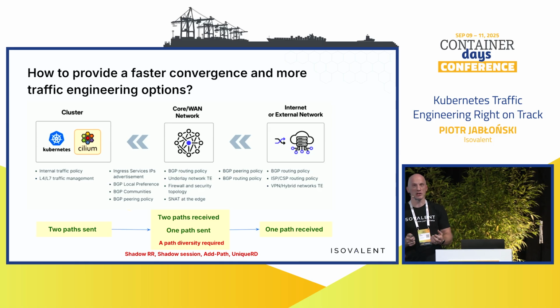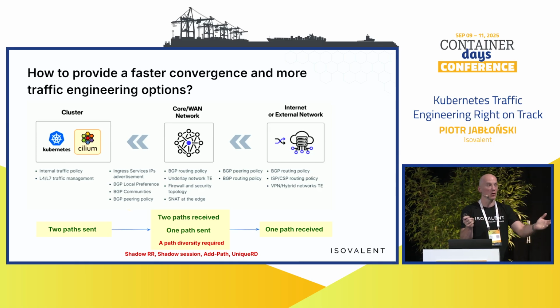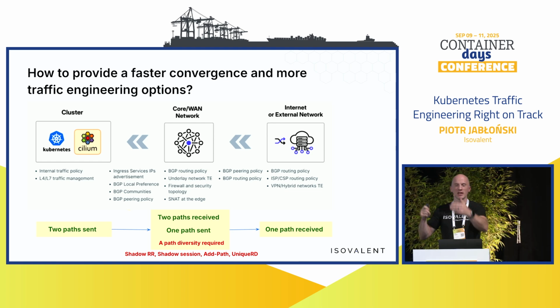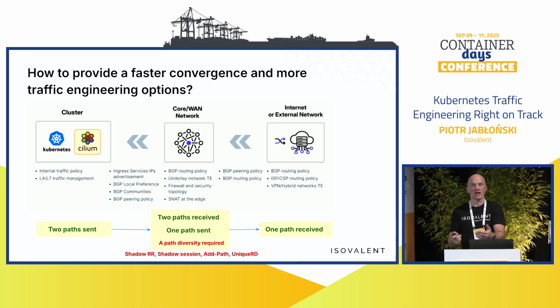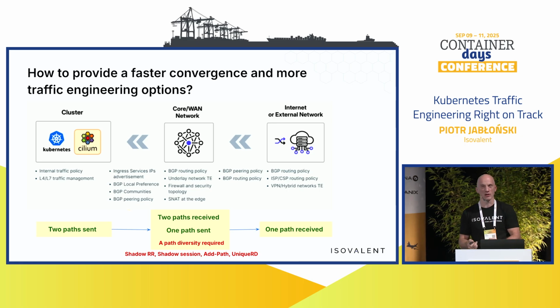In each picture which I presented to you, we had such path diversity. We have a choice: one link, another link, bottom link, up link, link to availability zone east and availability zone west. We always need to give the choice to provide traffic engineering.